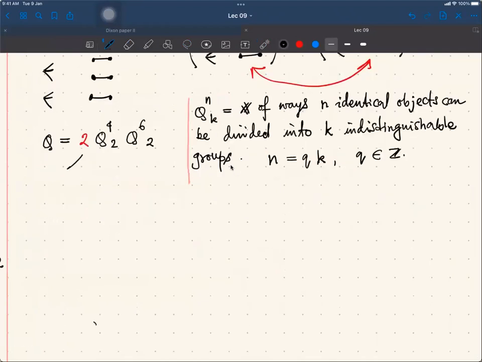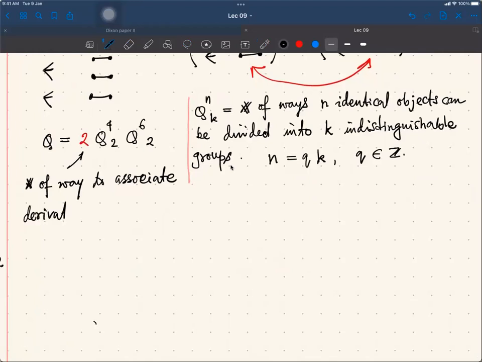This is basically the number of ways to associate derivative and propagator subgroups. Okay, so that is the formula.